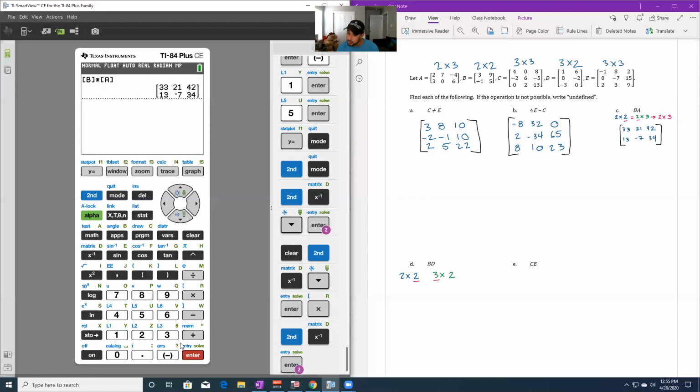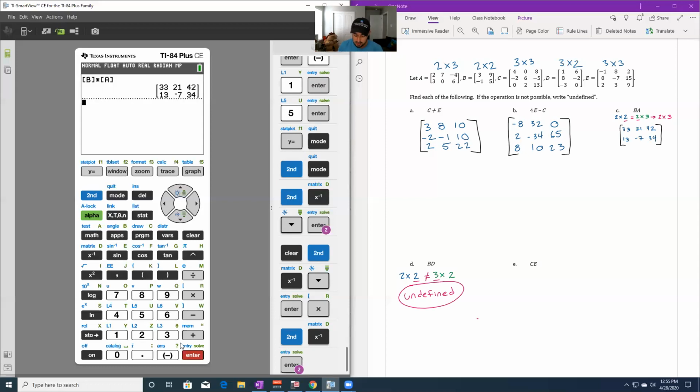These are not equal, which means we cannot multiply matrix B times D, which means that this operation will be undefined. All right, not bad.